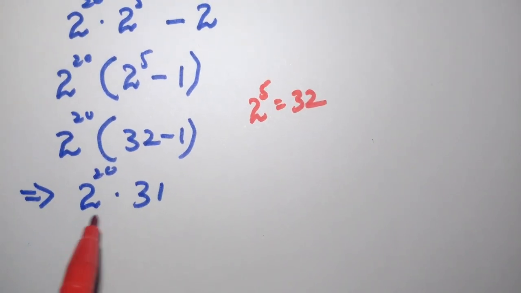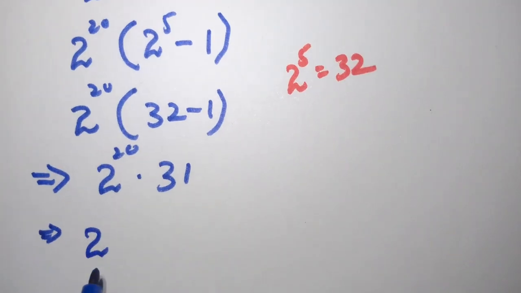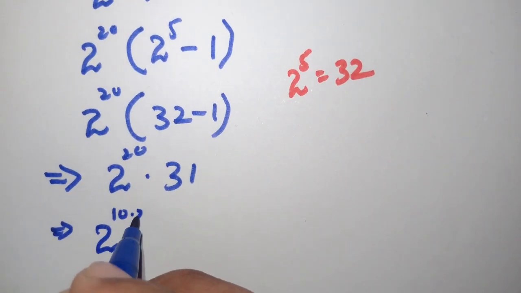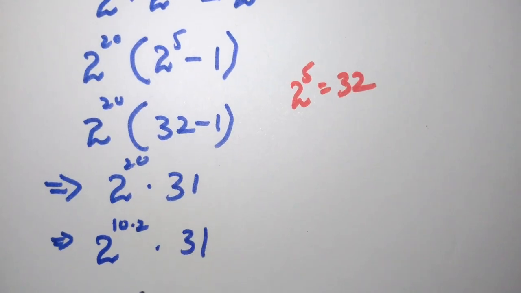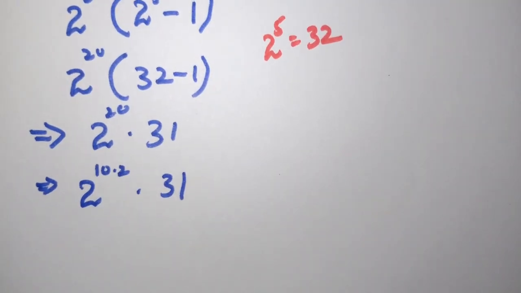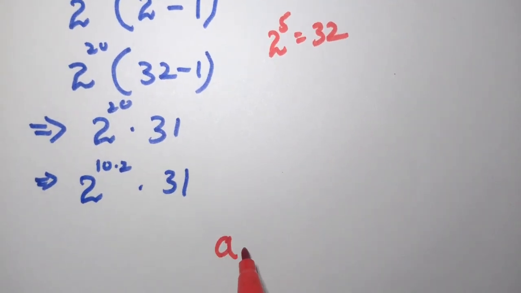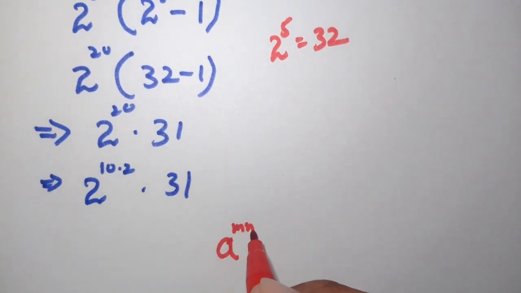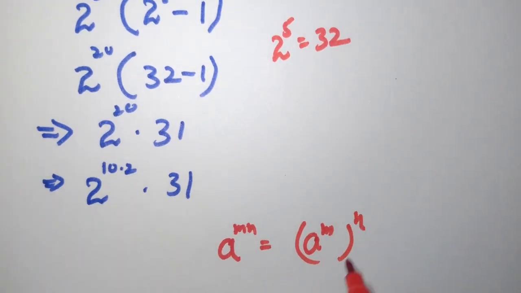Now to solve this, we can write it as 2 to the power of 10 times 2, since 10 2s are 20, times 31. Here we use the identity a to the power of mn is equal to a to the power of m, whole to the power of n.